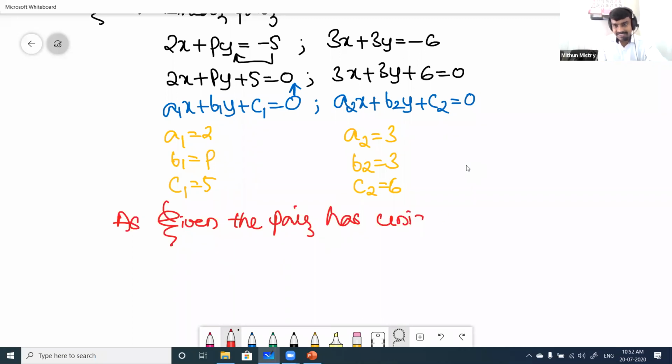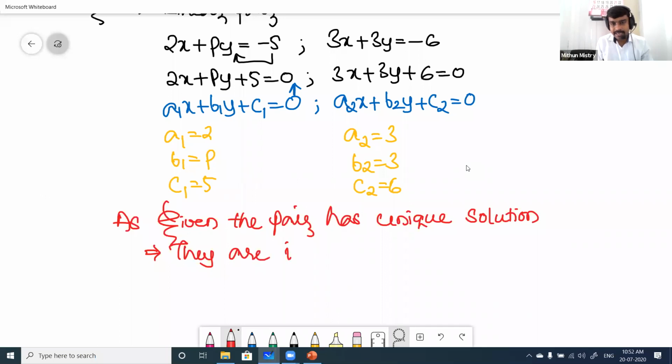They did not give directly that they are intersecting. As given the pair has a unique solution, that implies they are intersecting lines. And after that I will write therefore.